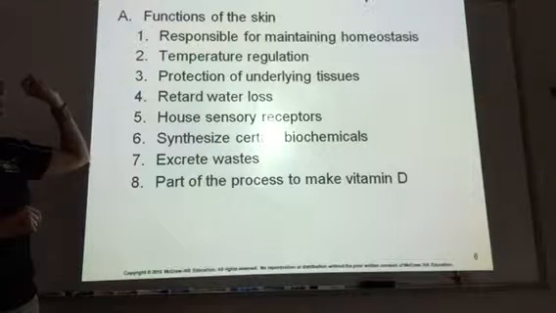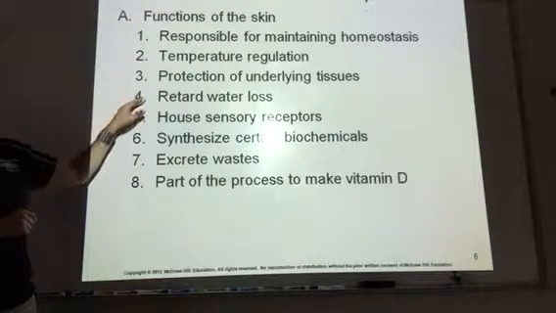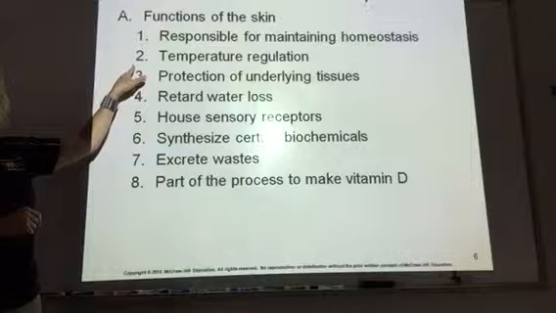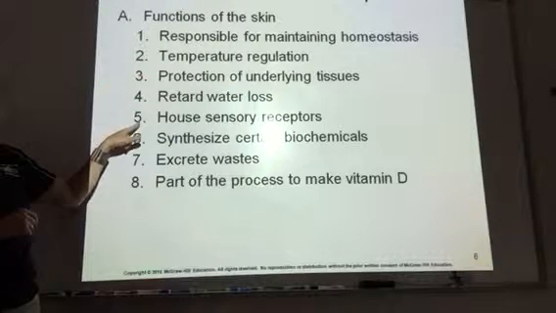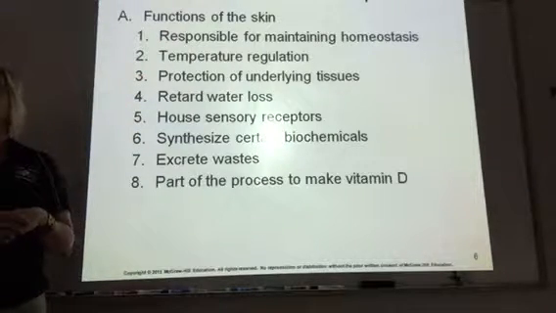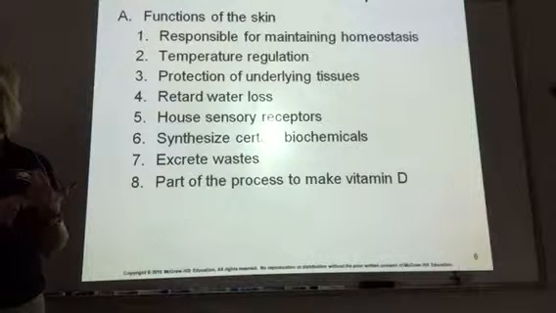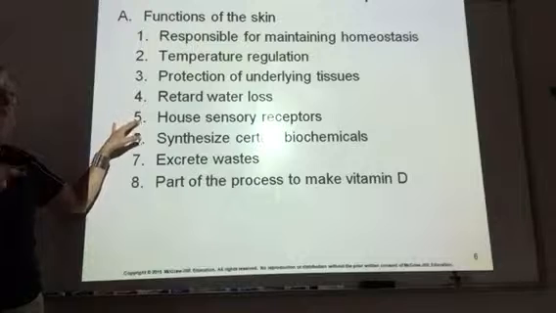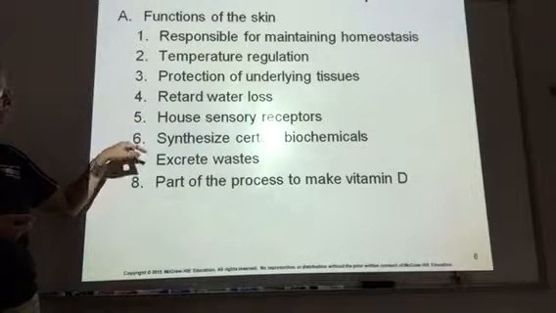Protection also prevents water loss. It is a sensory organ too: there are thermal receptors, pain receptors, and touch receptors, all inside your skin.